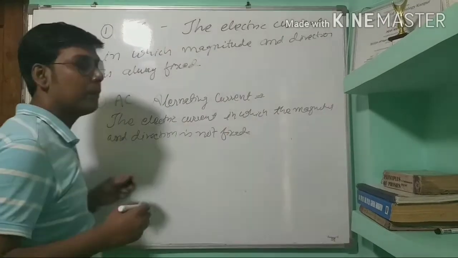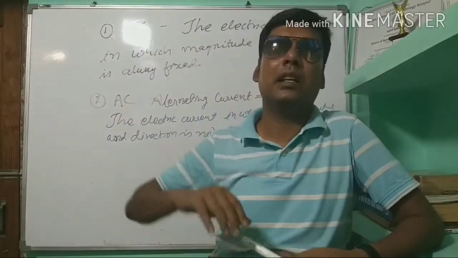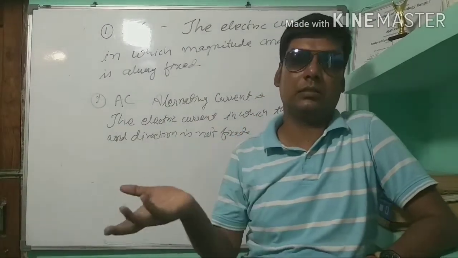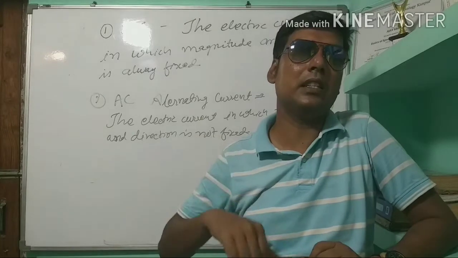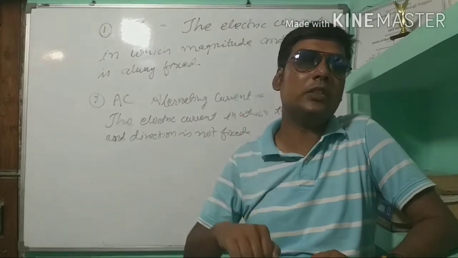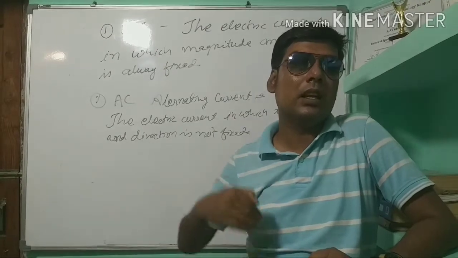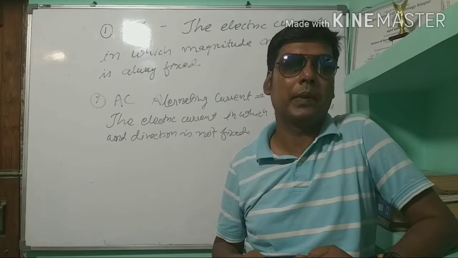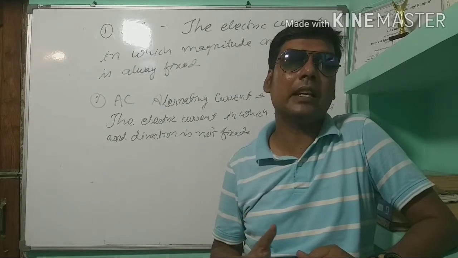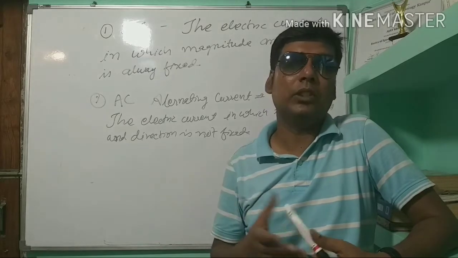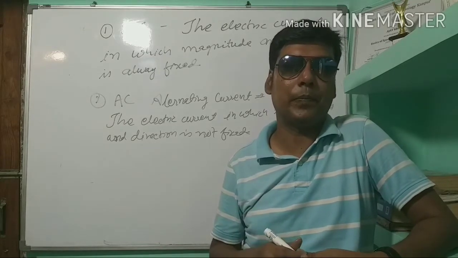So in alternating current the direction keeps on changing, and in DC the magnitude and direction do not change with time. And the sources of direct current are a battery or a cell and a DC dynamo. These are the sources of direct current.